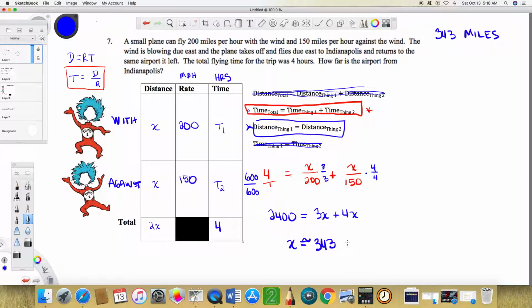So we had two different ways that we could figure this out. From our distance from the airport to Indianapolis, whether we use the total time and break it into the sum of the parts, or equate the two distances together, we get the same answer. So hope that helps, and I will talk to you later. Bye.